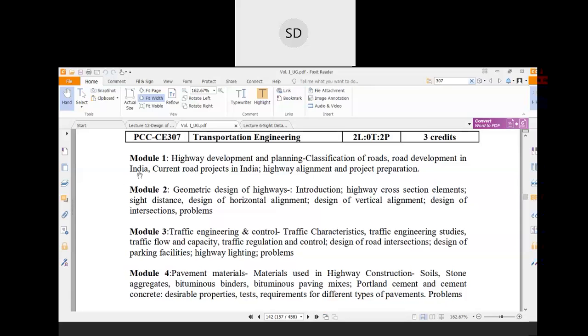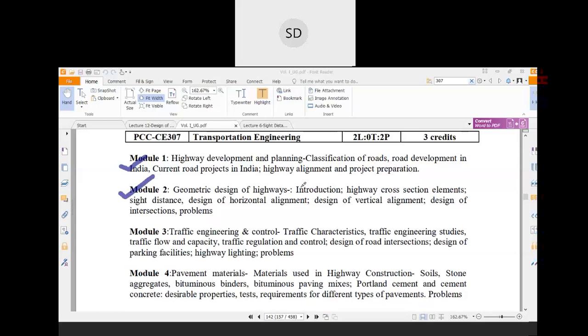So in the syllabus, we have already completed module 1. Module 1 is highway development and planning, classification of roads and road development, road projects and highway alignment and project preparation. We have already completed this. So this is module 2.